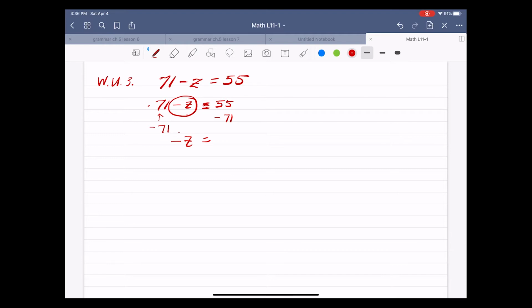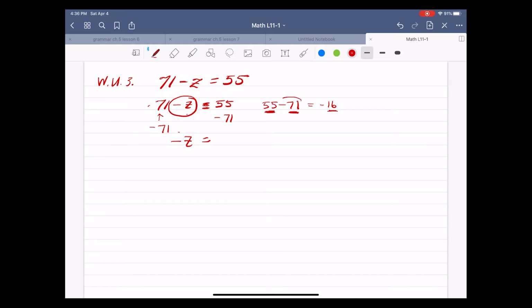I'm going to take out my handy dandy calculator and I'm going to subtract. I'm going to find the difference between 71 and 55, which is 16. And I notice that I've got 55 minus 71, which is negative 16. We've got 55 positives and we have 71 negatives. When we subtract and we find the difference between 55 and 71, our answer is 16.